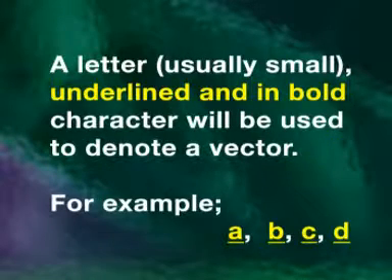In this program, a letter usually small, underlined, and in bold character will be used to denote a vector. Examples are shown on your screen. That is A, small a with a small line under it, small b with a small line under it, C with a small line under it, and D with a small line under it.